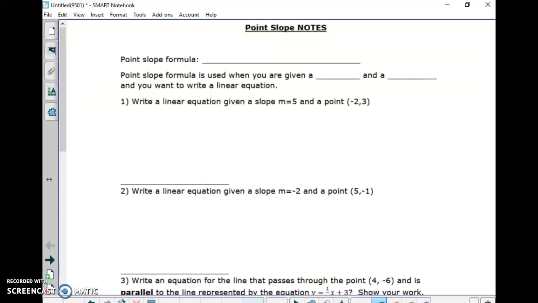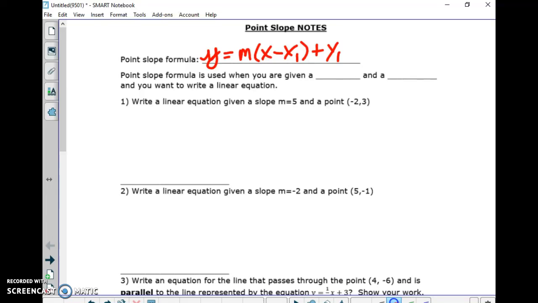You may or may not remember it from Algebra 1, and the equation for point slope form is going to be, let's write it down, y, and actually let's write it down in a fancy color here. Let's go with red. Okay, so y equals m x minus x1 plus y1.